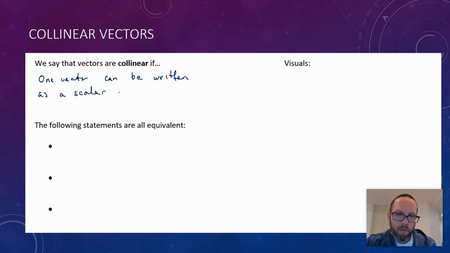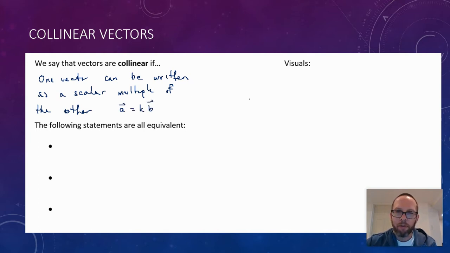I don't know why I just didn't have these already typed up ahead of time. Oh well. So a and b are collinear if I can write a as some constant times b.